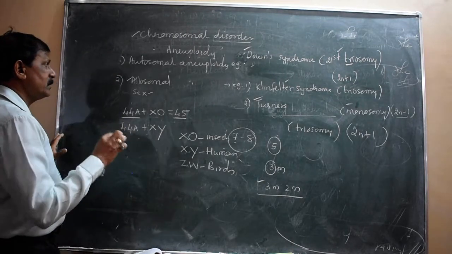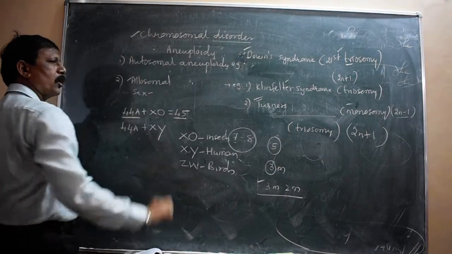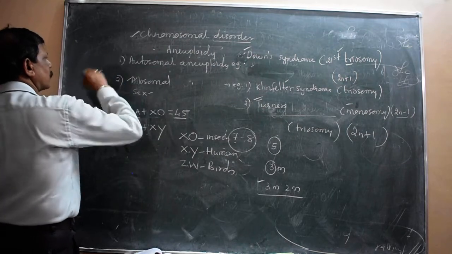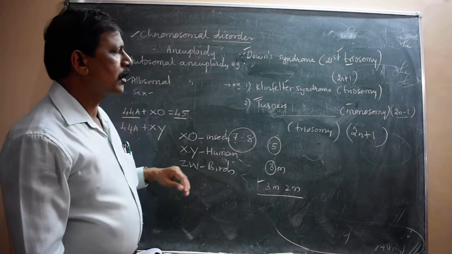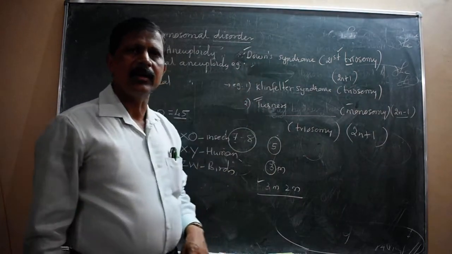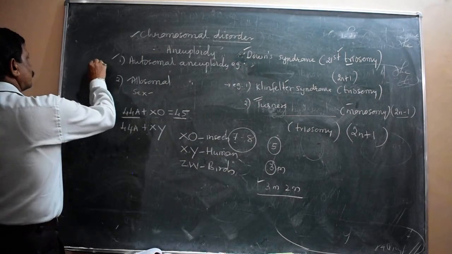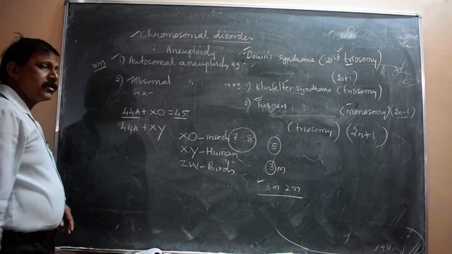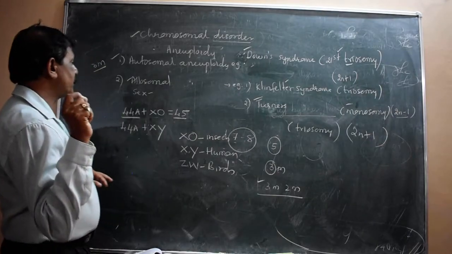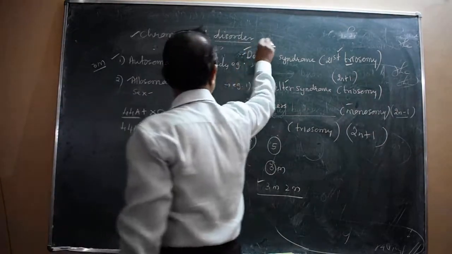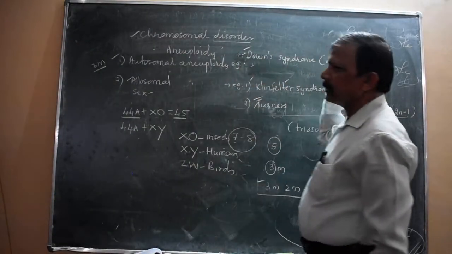And the last one is chromosomal disorders. It may be asked: briefly write about autosomal disorder in the human being, with only one example given, and that is Down syndrome. It may be asked as a 3 marks question, or sometimes you may be asked to write the characteristic features of Down syndrome, Klinefelter syndrome, and Turner syndrome.